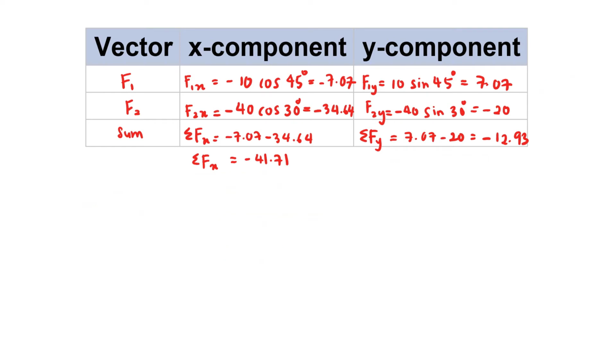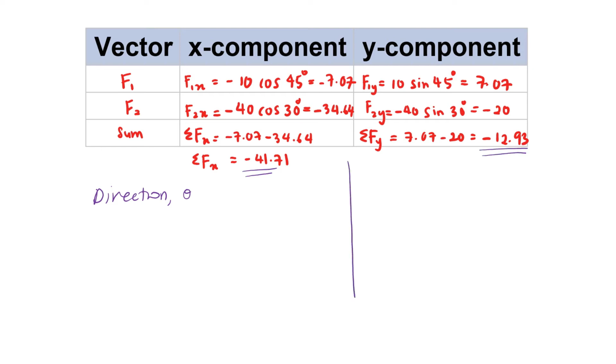Now we want to find the direction of the resultant vector. This direction will be denoted by theta. To make things easier to understand, we refer to this resultant force for x and y, and we draw the x and y axes.